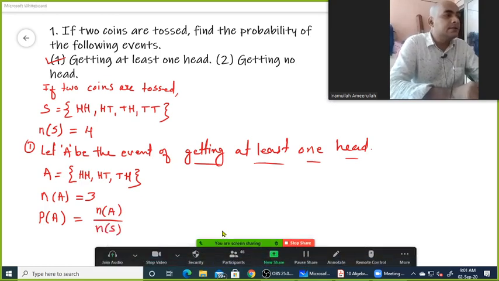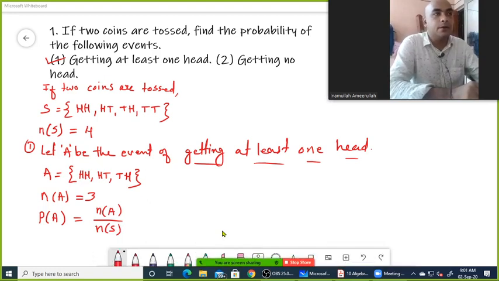This is our formula to find the probability of any event in any random experiment. Number of A is 3 and number of sample space is 4, so 3 by 4 is the probability of this event.